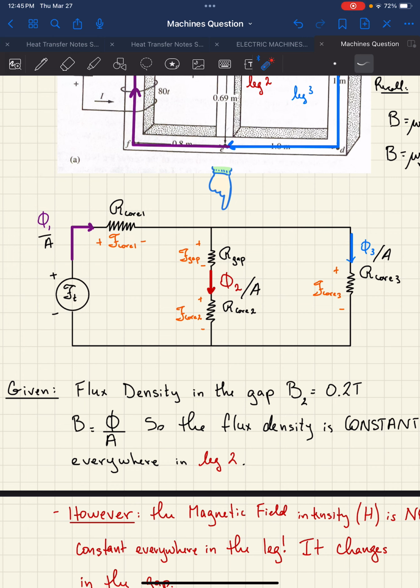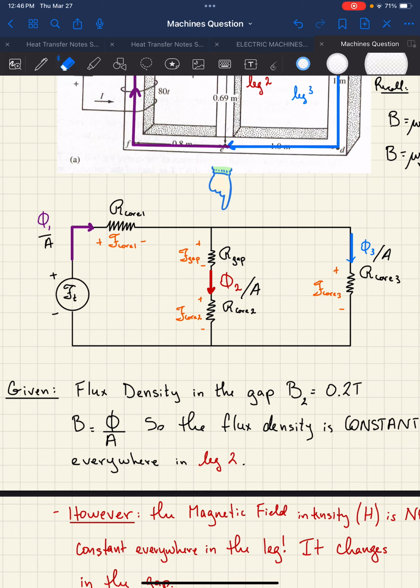If I can find the flux density from this number, which I'm about to do, I know this flux density, I know this one, I can add them up and find this flux density. Then I find the MMF for core 1, and then boom, I'm just a couple more steps away from finishing.